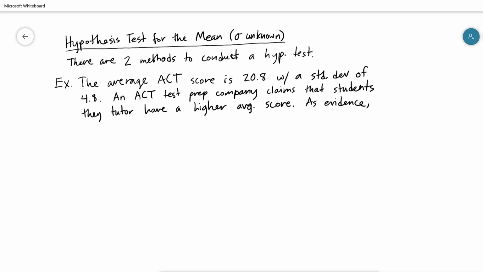they have a simple random sample of 80 students, and the average score of those 80 students that have been tutored by them is a higher number. 22.3 is what we're going to use.